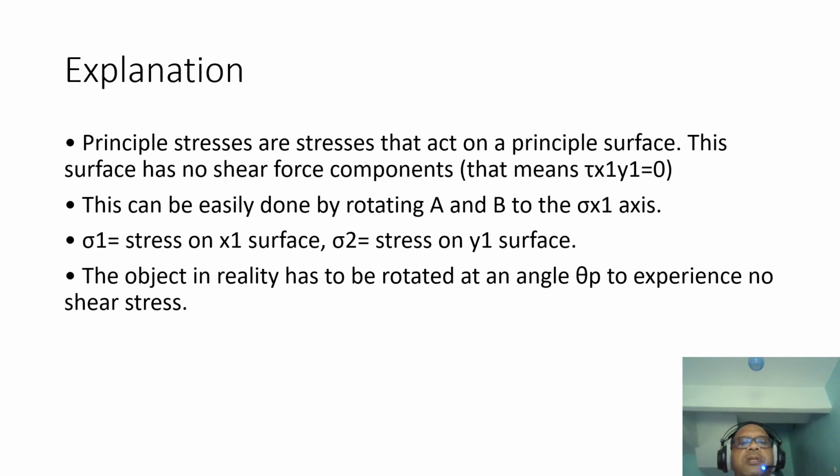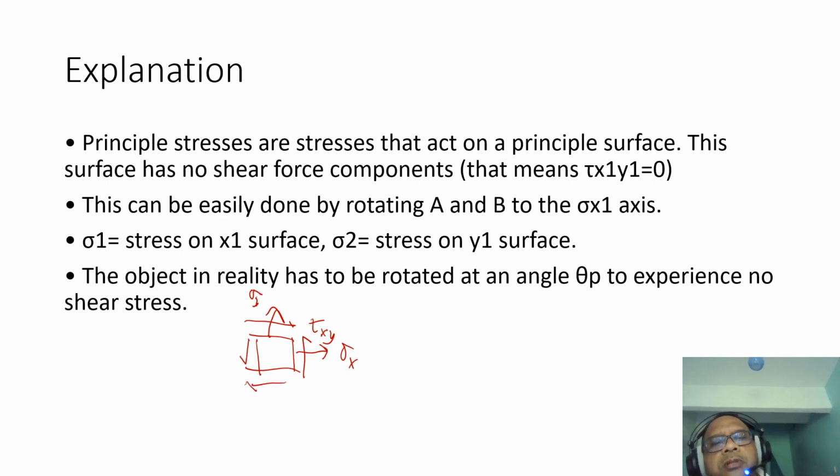Okay, so again, the explanation is like this. If you have this element, this is sigma x, this is sigma y, and you have tau xy there. What happens is that we now rotate this element at an angle. So you incline it to an angle, for example theta p, which we call the principal angle, where the value of the shear stress is 0.